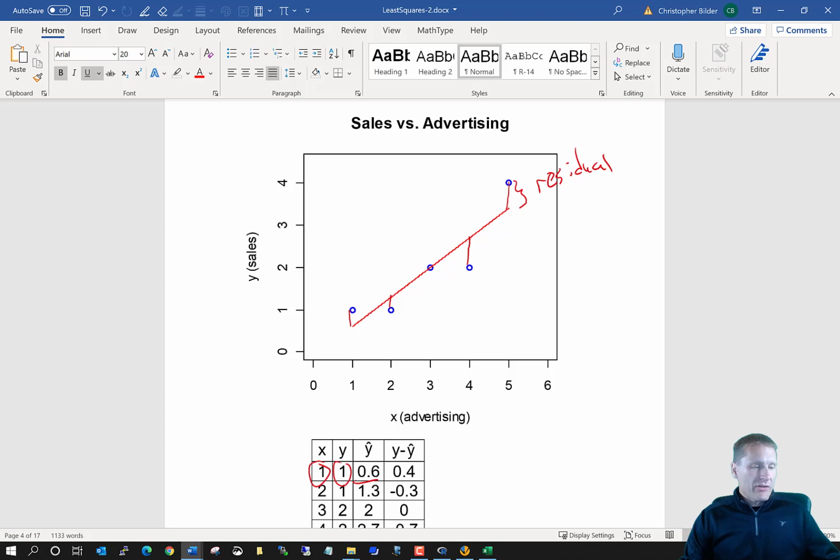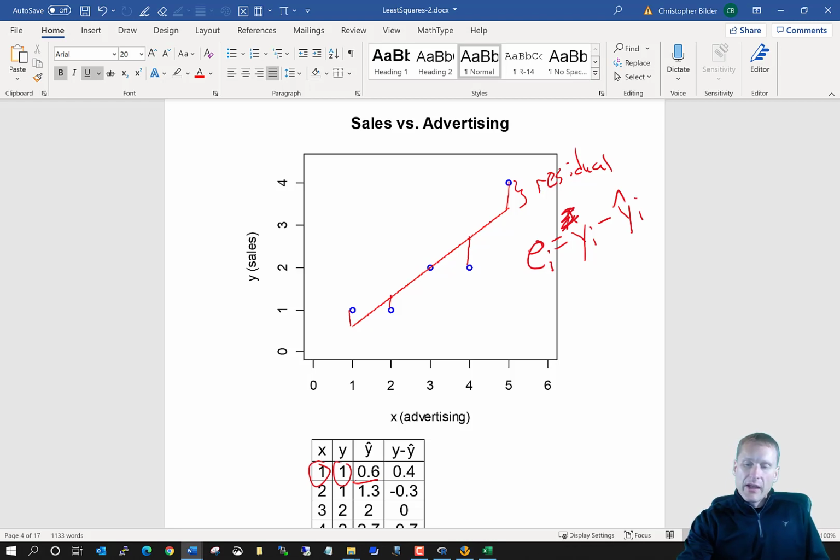So this is on page 8. And these residuals, we're going to call them e sub i. So in this case, there's going to be e sub 1, e sub 2, down to e sub 5. They're simply found by taking your y sub i that you observe minus your y hat sub i that you get from your model.